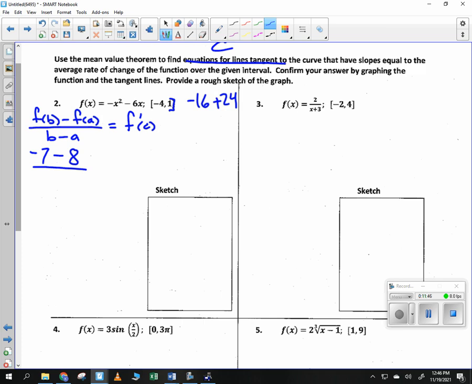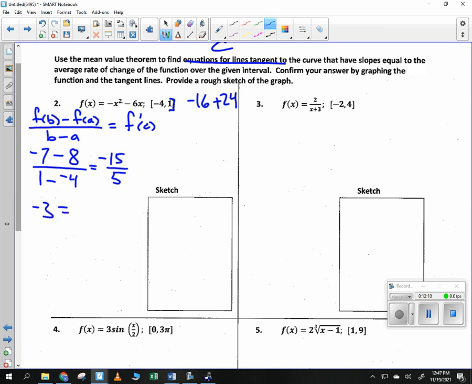Really, you got this? Okay. So then on the bottom we do B minus A. What's B? 1 minus negative 4. Okay. So what do I get in the top? Negative 15. And what do I get in the bottom? 5. So negative 3.